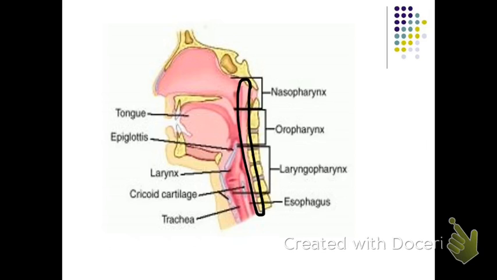And then you can see the order of the pharynx, starting with the nasopharynx, and then the oropharynx, and then the laryngopharynx, which is right across from the larynx, right there.